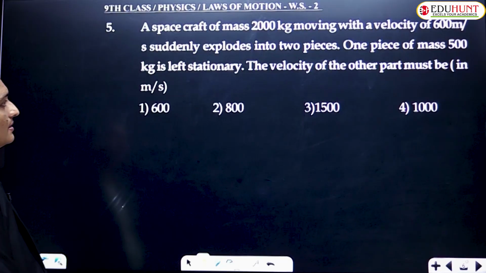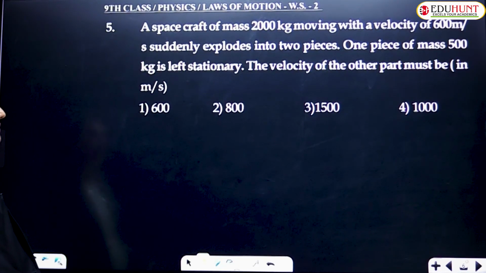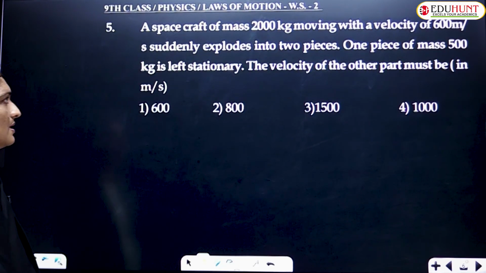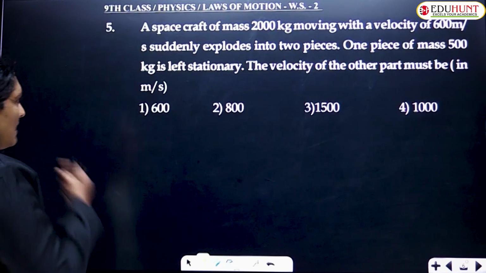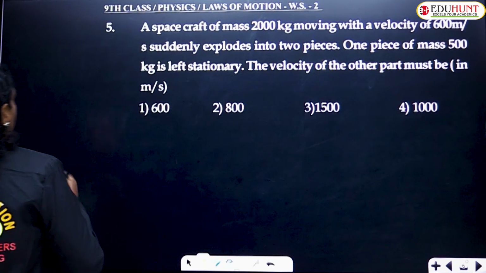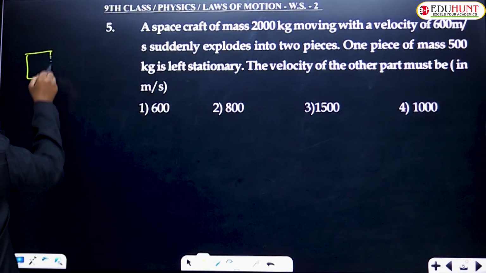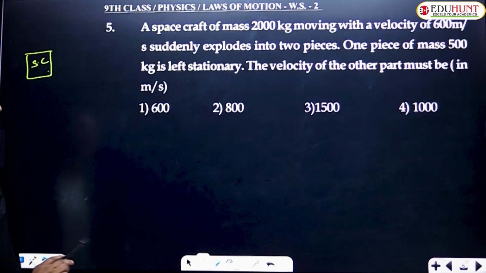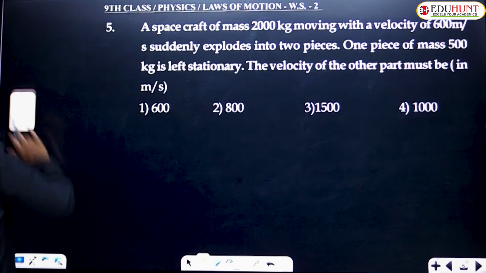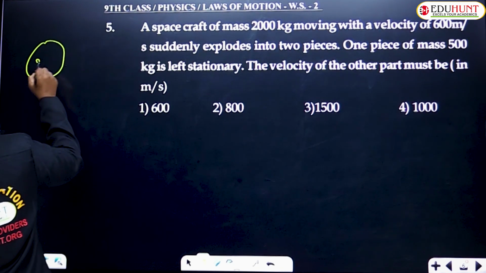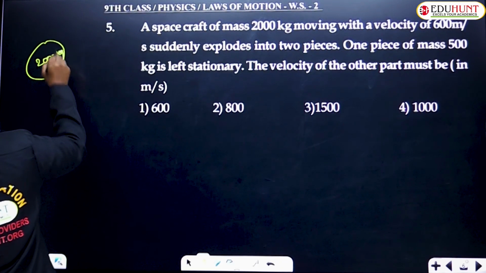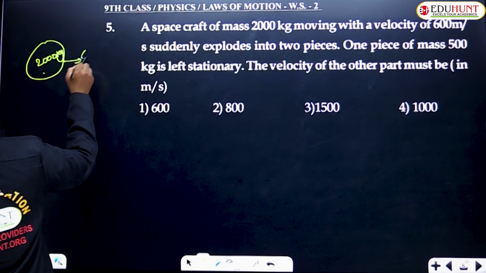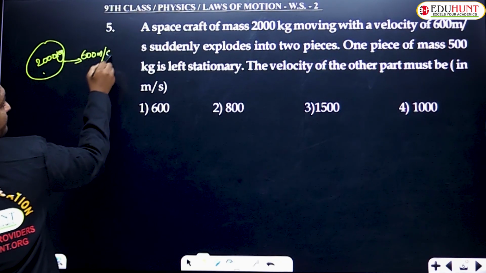Masses are given in kg and speed as 600 meter per second, everything in the SI system. There is a spacecraft of mass 2000 kg moving with a speed of 600 meter per second.